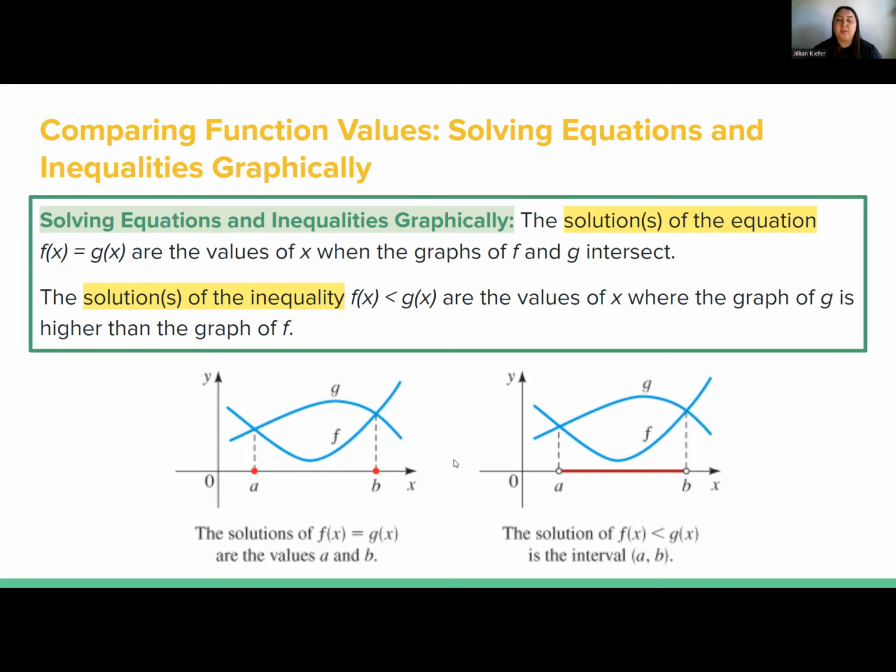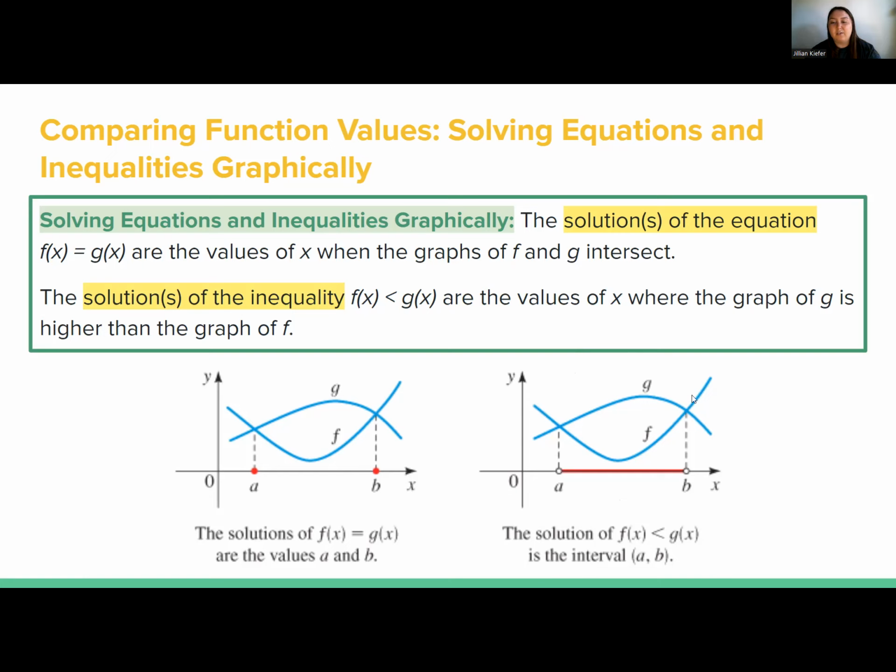Then if you go to the solutions of an inequality, such as f of x is less than g of x, these are going to be the values of x where the graph of g is higher than the graph of f. And we are talking physically higher. So if we look at this graph on the right, we want to know what is the solution of f of x being less than g of x.